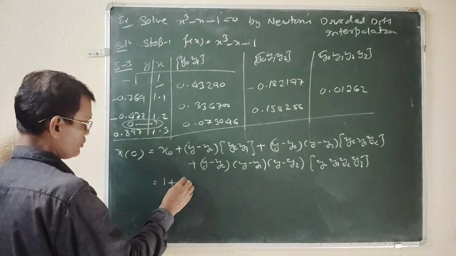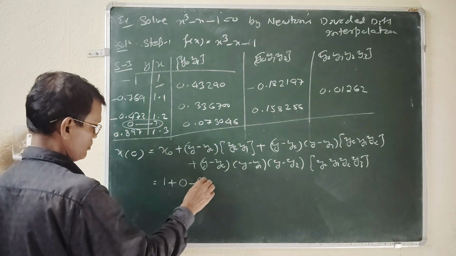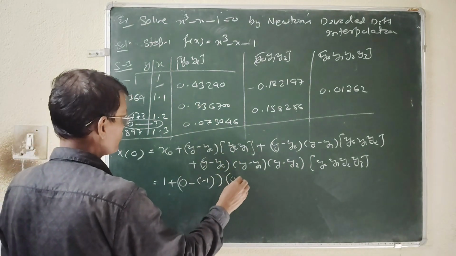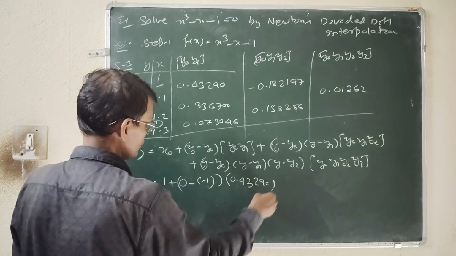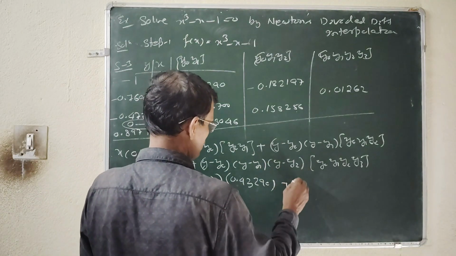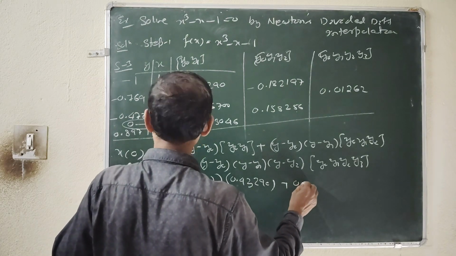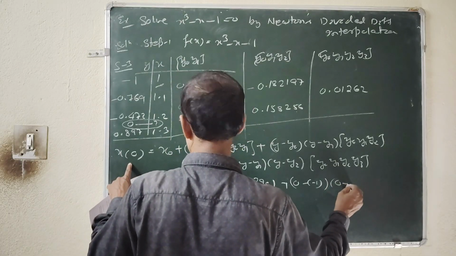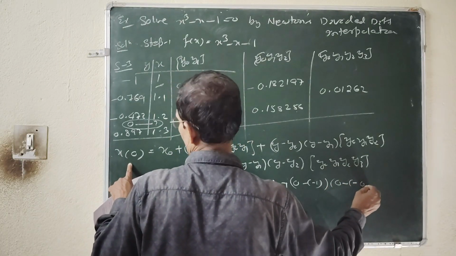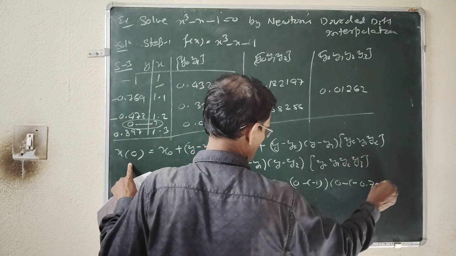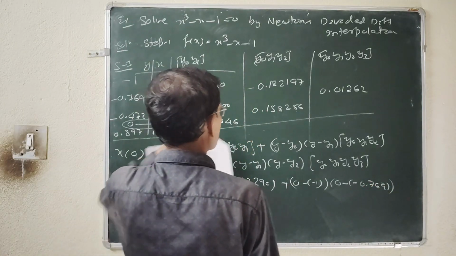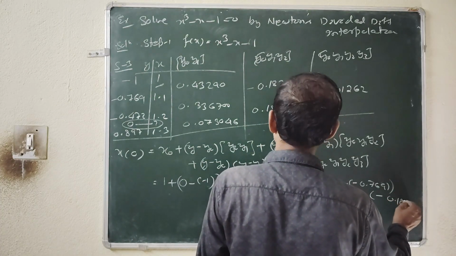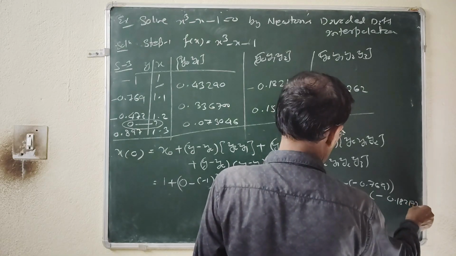y minus y0: y is 0, y0 is minus 1, into [y0, y1], that is 0.43290. Then plus y minus y0, that is 0 minus minus 1, into y minus y1, that is 0 minus minus 0.769, into the second order, that is minus 0.182197.